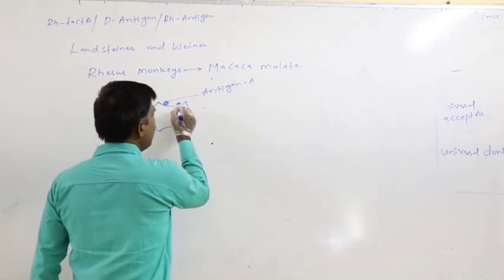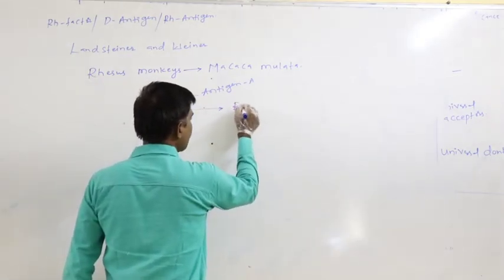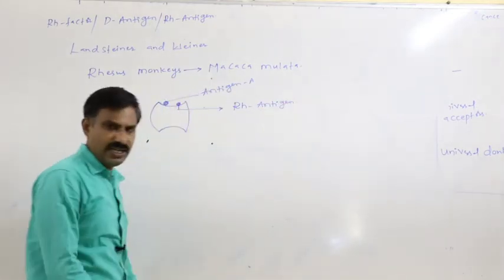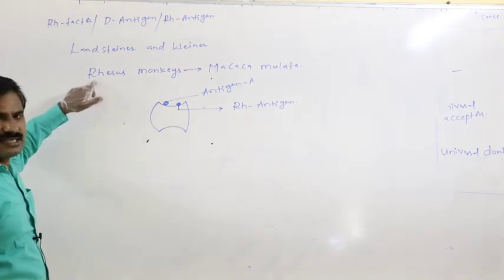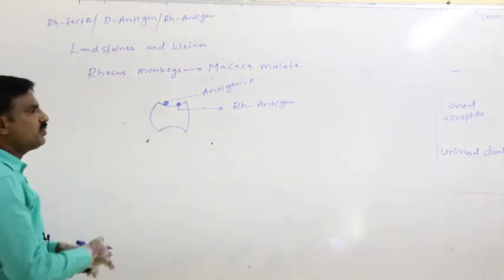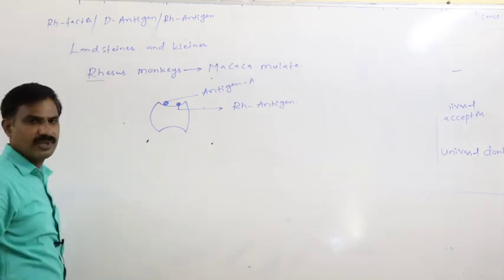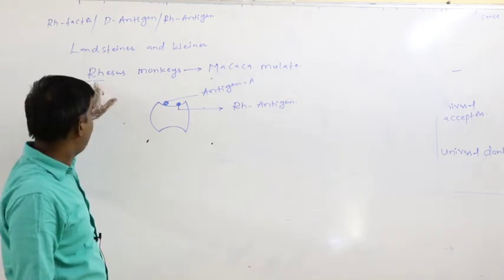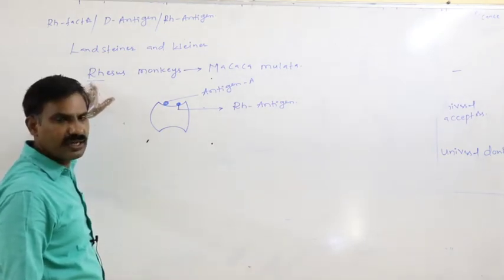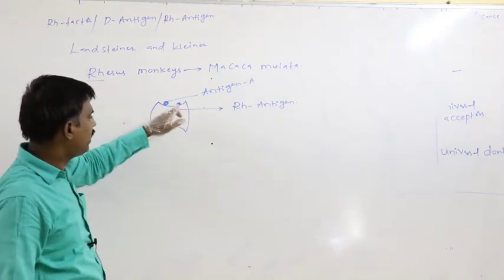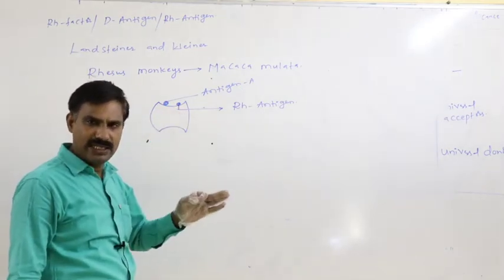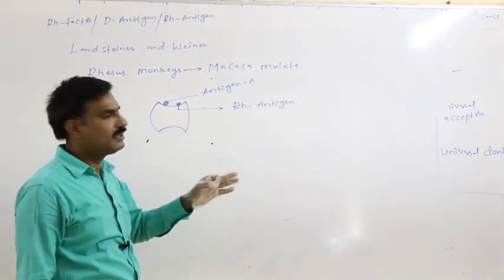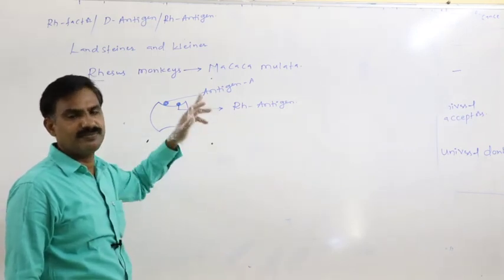That antigen was later designated as RH antigen because in the word rhesus, the first two letters are RH. So only this additional antigen was designated as RH antigen later.